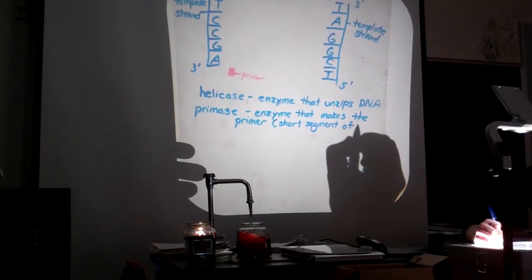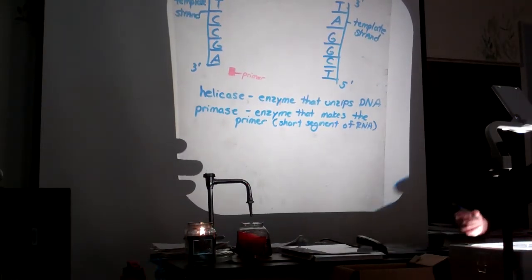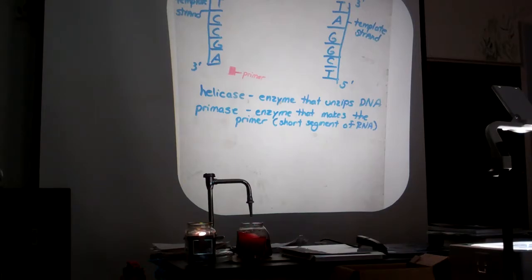But please do not confuse this process with another one. That's the only time I will mention the word RNA, and we're not even going to be concerned about what its code is. You can write it, just so you know what the primer physically is. It's actually a little short segment of RNA. However, the primers are going to eventually be cut out and removed in the end, so they're not going to be part of the final molecule anyway. They're like the button on the lawnmower. They're kind of there in the beginning.